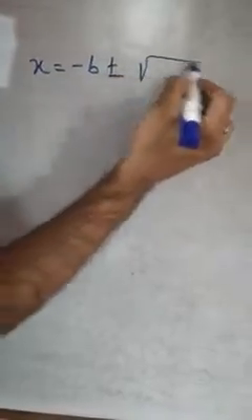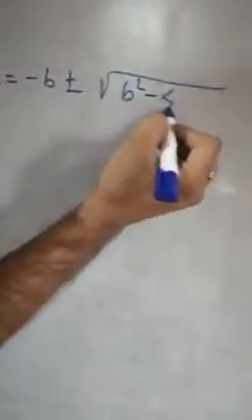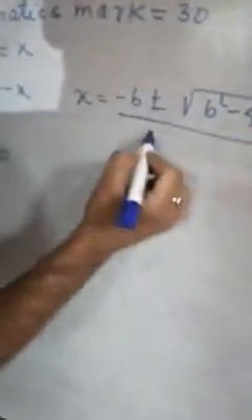The quadratic formula: x equal to minus b plus minus square root of b square minus 4ac upon 2a.